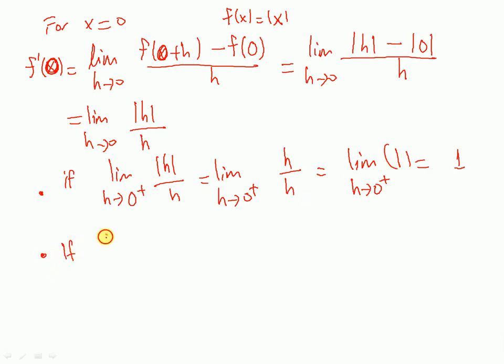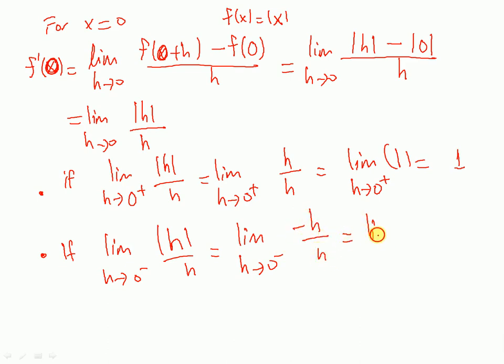However, if we take the limit from the left of 0, when you drop the absolute value, it becomes negative h over h, which is the limit as h goes to 0 from the left side of minus 1, or minus 1.